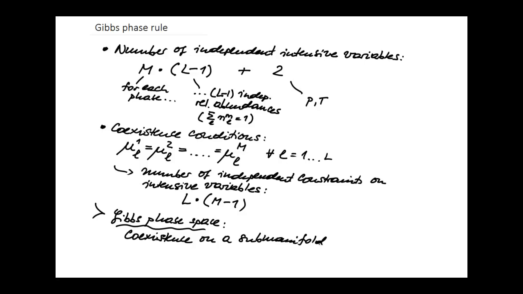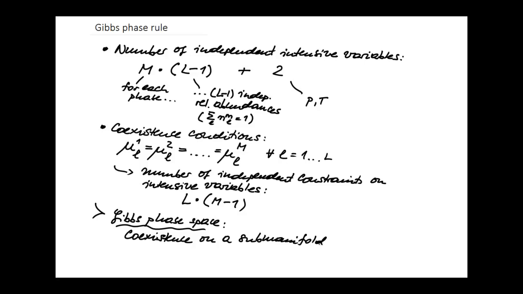And now we are generalizing this. We have more intensive variables. So we no longer have just a PT diagram spanning a two-dimensional space, but we have more intensive variables spanning a higher dimensional space. In this space, then we have constraints. If we have coexistence conditions, this reduces the dimensionality of the manifold on which you can have coexistence of phases.